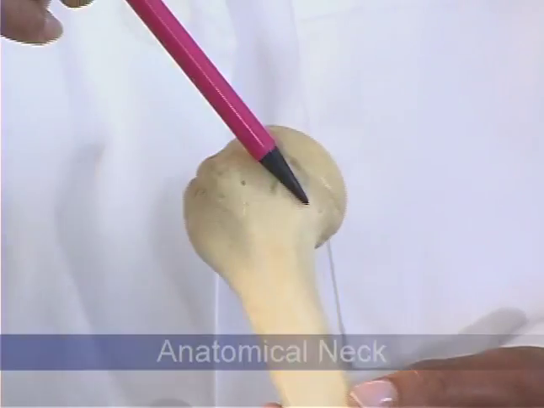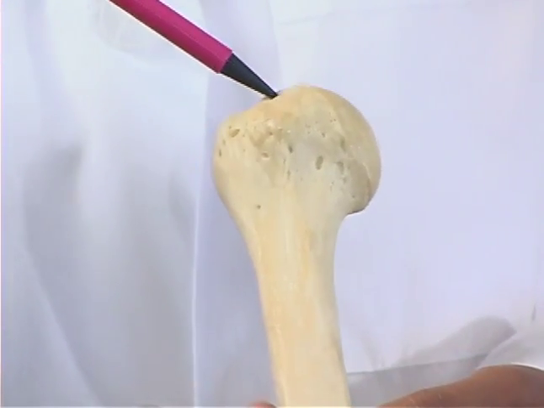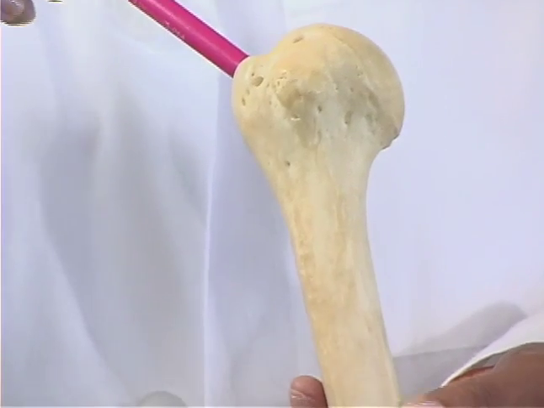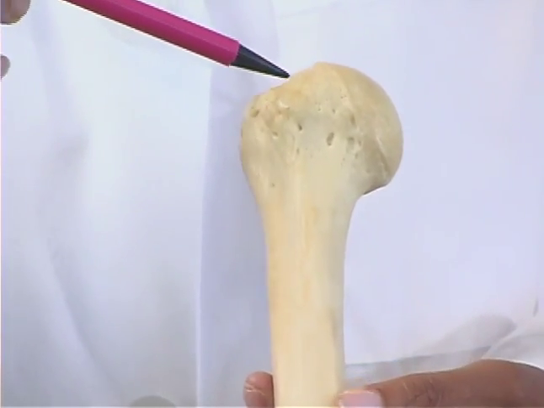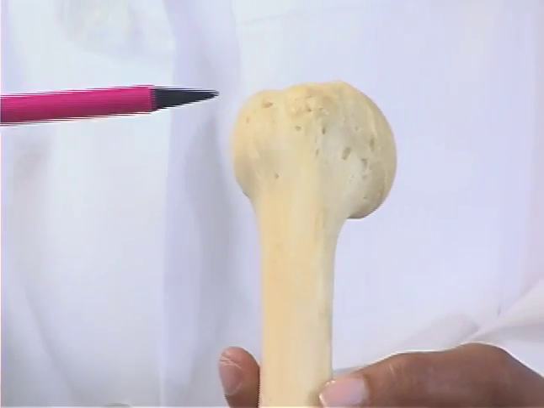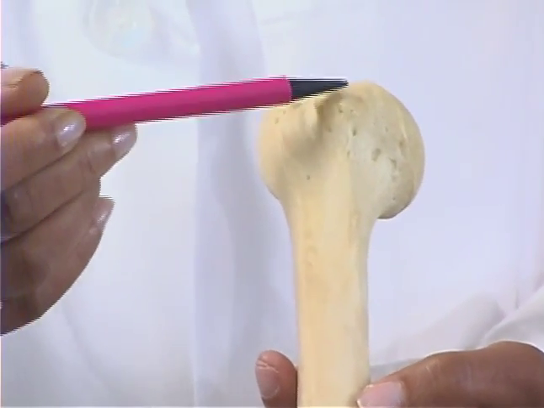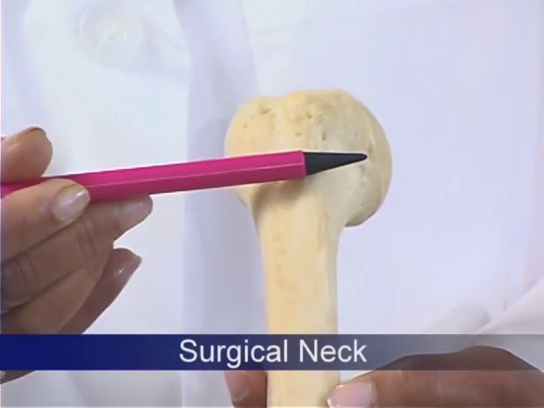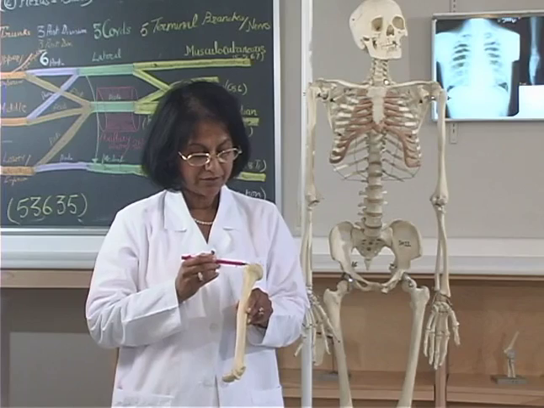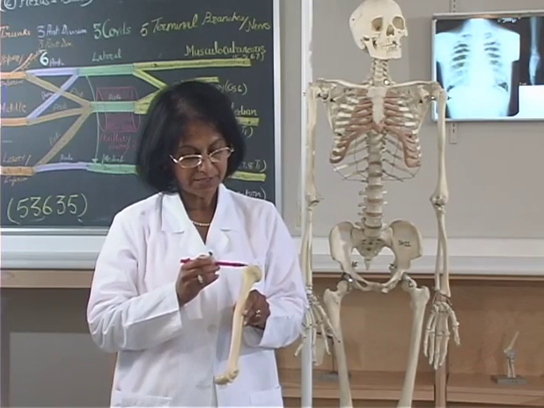The anatomical neck gives attachment to the capsule of the joint. This slender area where the upper end is joining the shaft is called the surgical neck of the humerus.